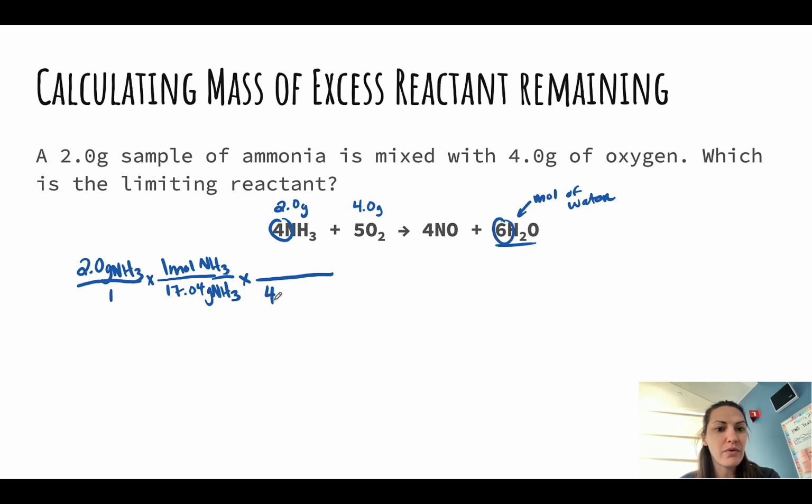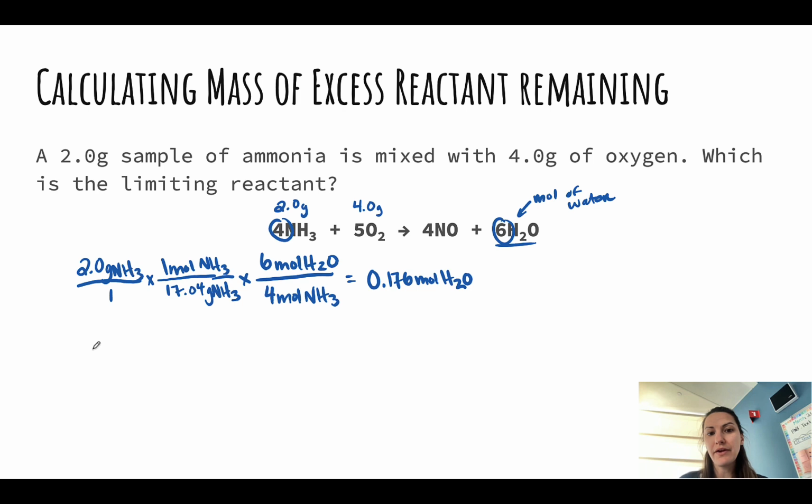So I've got 4 moles of NH3 to 6 moles of water, and then I can calculate that out using my calculator. So I can do 2 times 6 divided by 17.04 divided by 4, and I get 0.176 moles of water can be produced from 2 grams of ammonia.